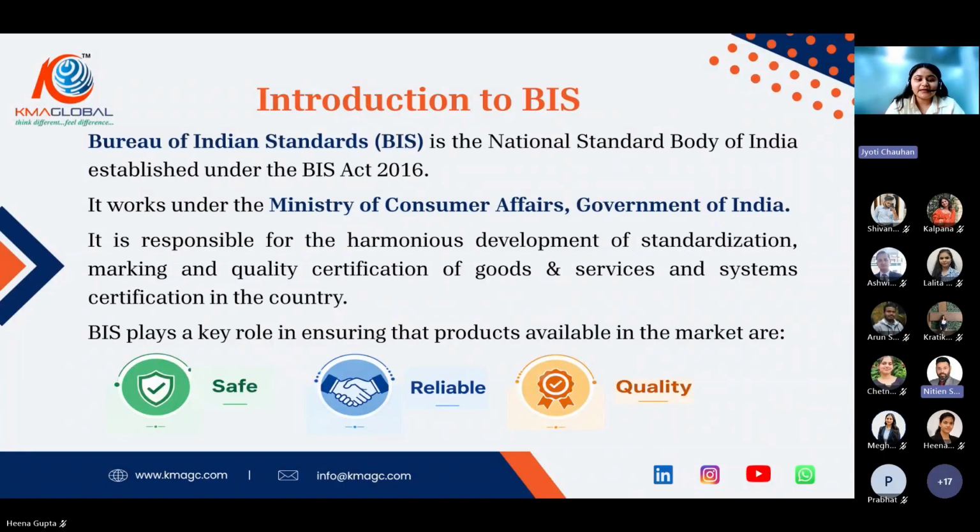BIS plays a key role in ensuring that products available in the market are safe, reliable, and of quality. Think of BIS as the organization that sets the benchmark for quality in India by issuing certificates or licenses. But BIS does much more than just issuing certificates or licenses.